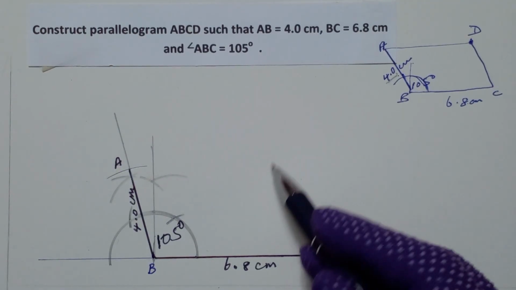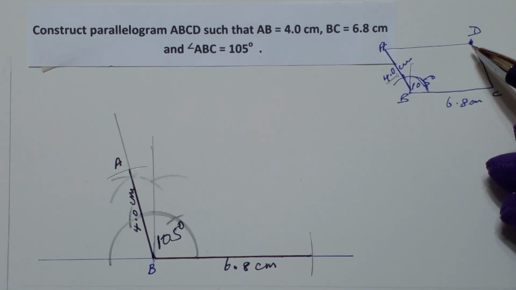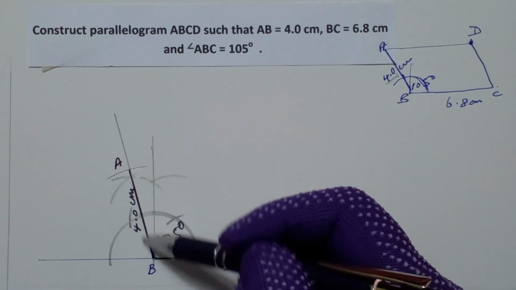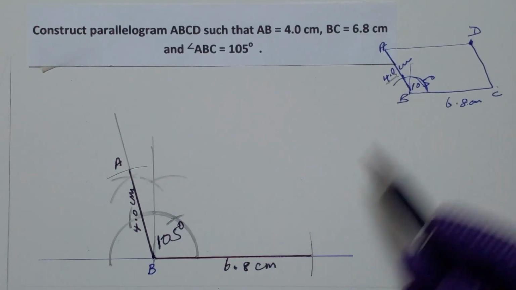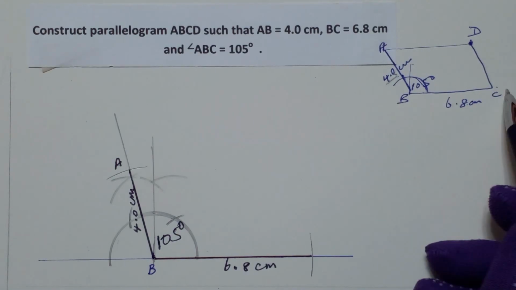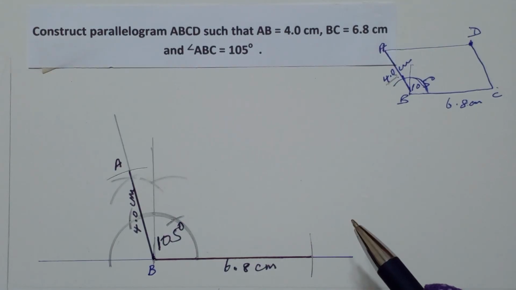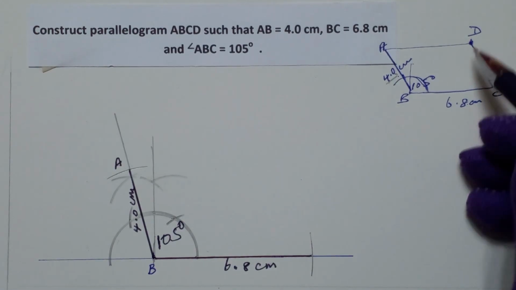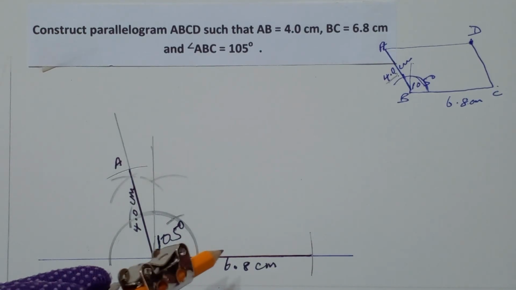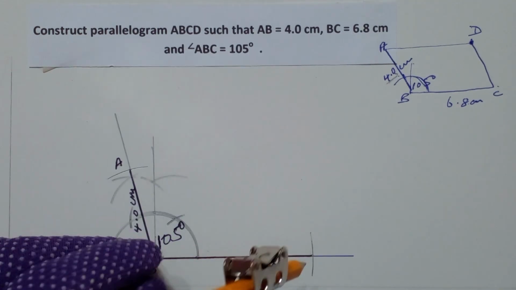Now we need a point somewhere out here, D, such that from D to C will be this distance here, opposite here, and from A to D will be this distance here, which will be 6.8 centimeters. Now there are various ways of obtaining that. The easiest way is to open our compass from here to there, which is 6.8.